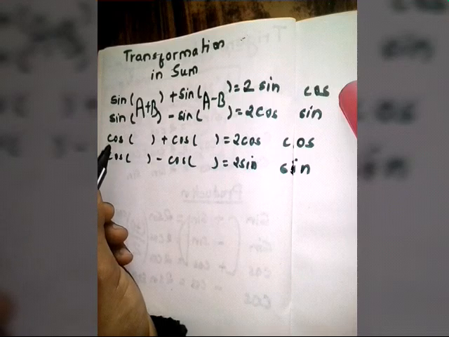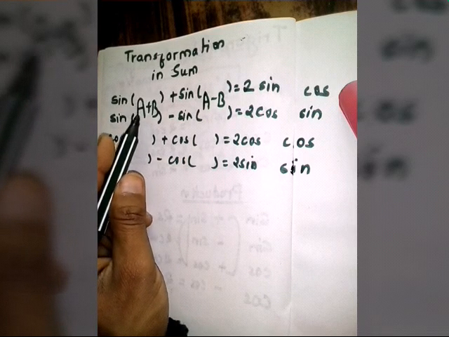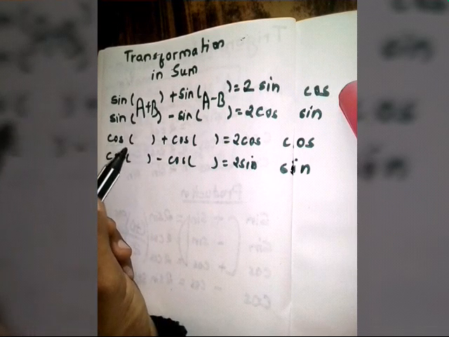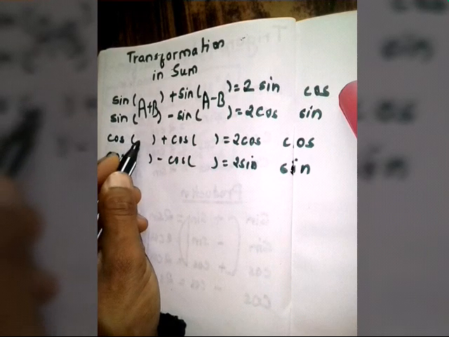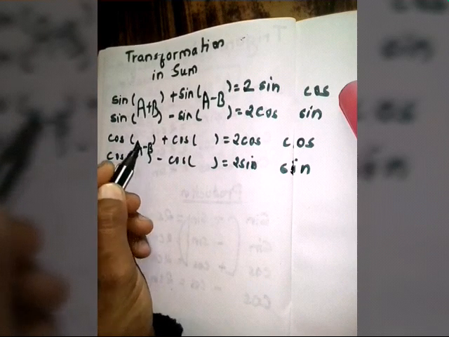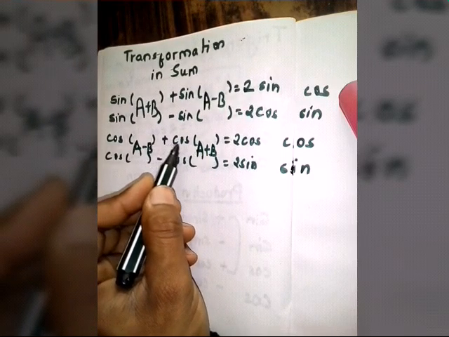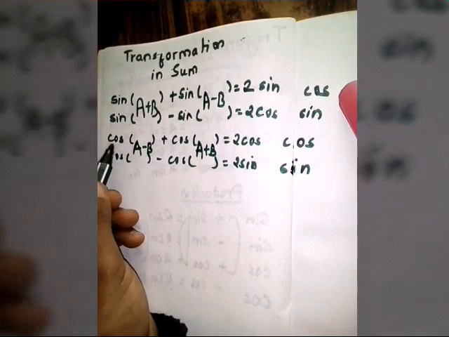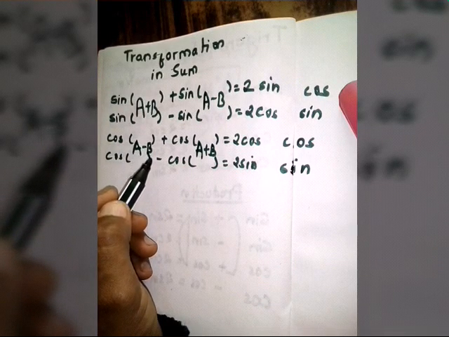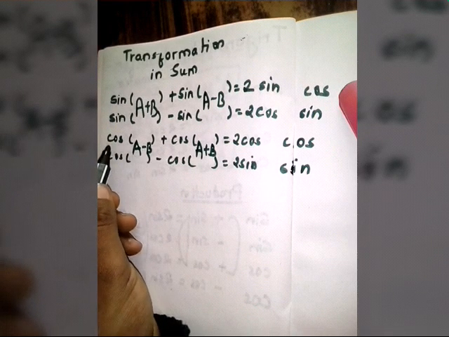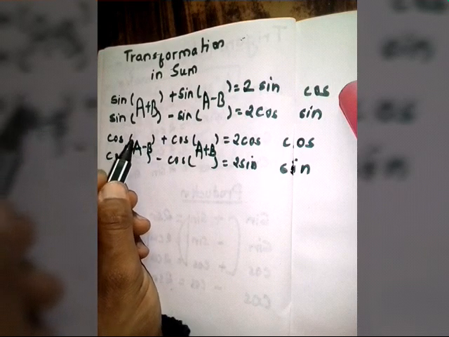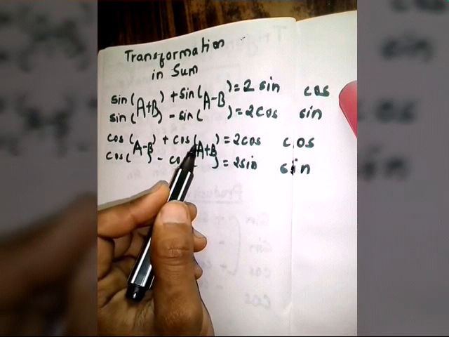Similarly for cos, you may see in the patterns, if there is a plus and there is a minus, for the cos the first term will be a minus b and the second term will be a plus b. Now you may say over here there's cos (a plus b) plus cos (a minus b), but to make things look in a pattern, you always remember that for cos, the first angle is always the difference and the second angle is always the sum.